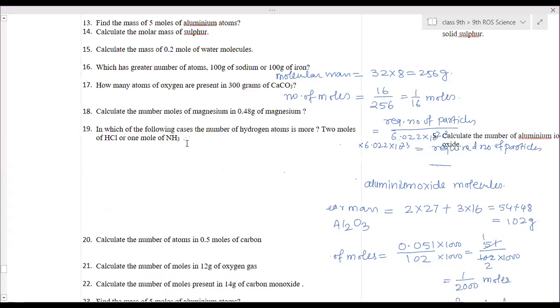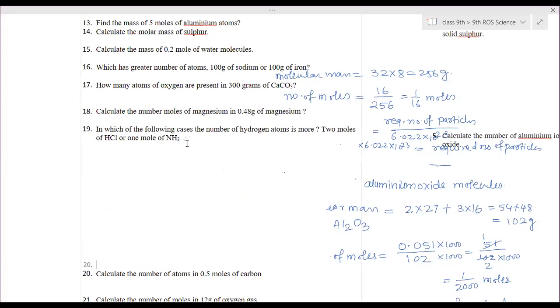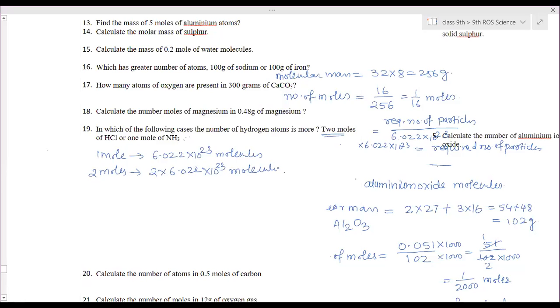The same thing as in the aluminum oxide case. So 2 moles. 1 mole has 6.022 into 10 to the power 23 molecules. So in 2 moles, how many? 12.044 into 10 to the power 23 molecules.